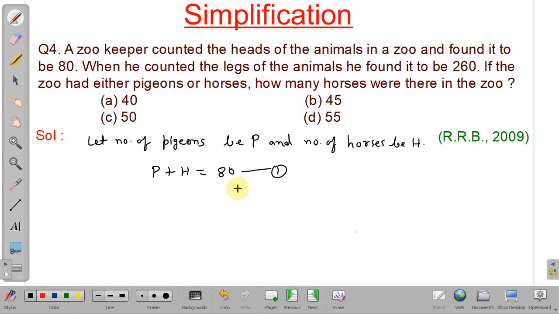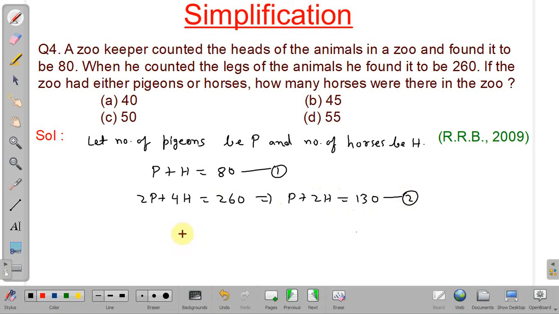And when he counted legs, then he found it to be 260. So each pigeon has 2 legs, so twice of P, and each horse has 4 legs. So 4H equal to 260. If we divide by 2 on LHS and RHS, we will get P plus twice of H equal to 130.